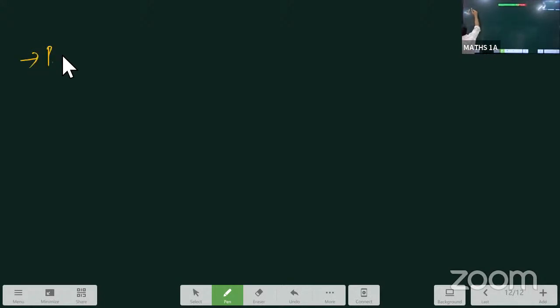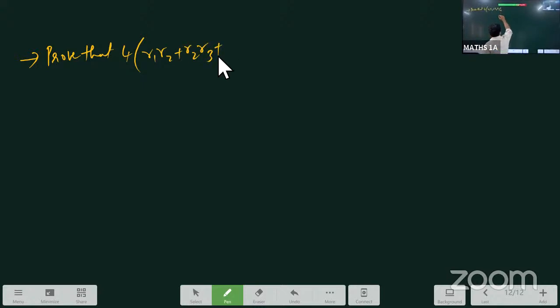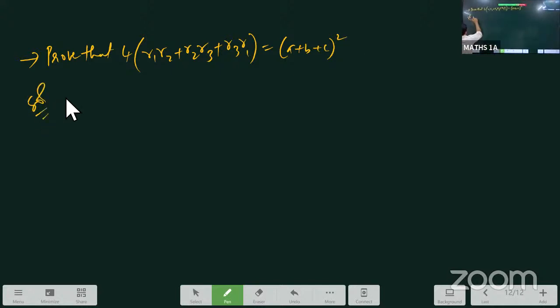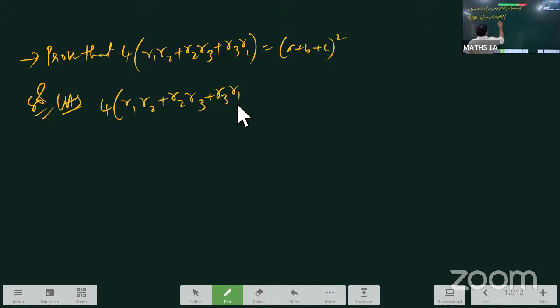Prove that 4 into R1 R2 plus R2 R3 plus R3 R1 is equal to A plus B plus C whole square. This is what we are going to prove. Now, take your LHS. 4 into R1 R2 plus R2 R3 plus R3 R1.